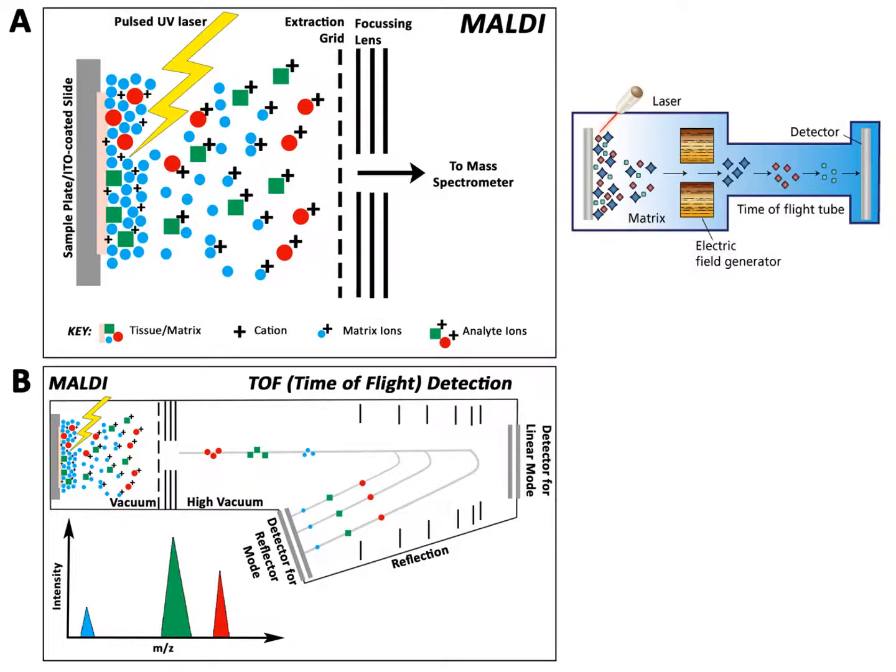Okay, so here's the MALDI-TOF again. There's a matrix, there's a laser, that's a pulsed UV laser. Notice the charges are imparted onto what you're analyzing, and there are things that are neutral.